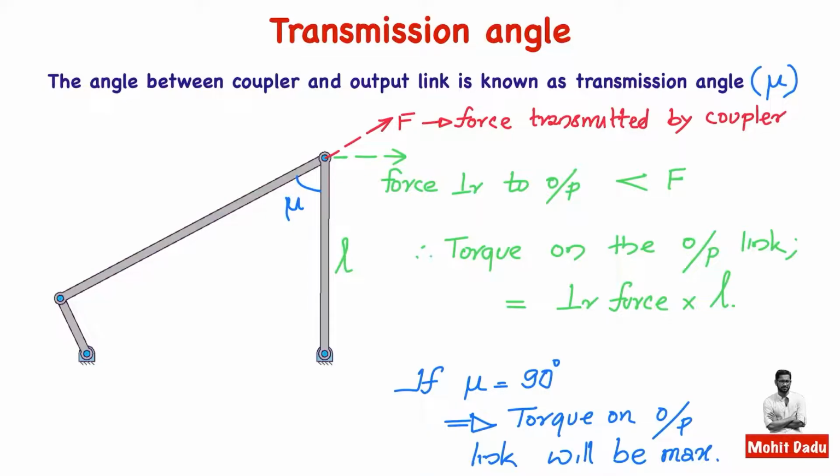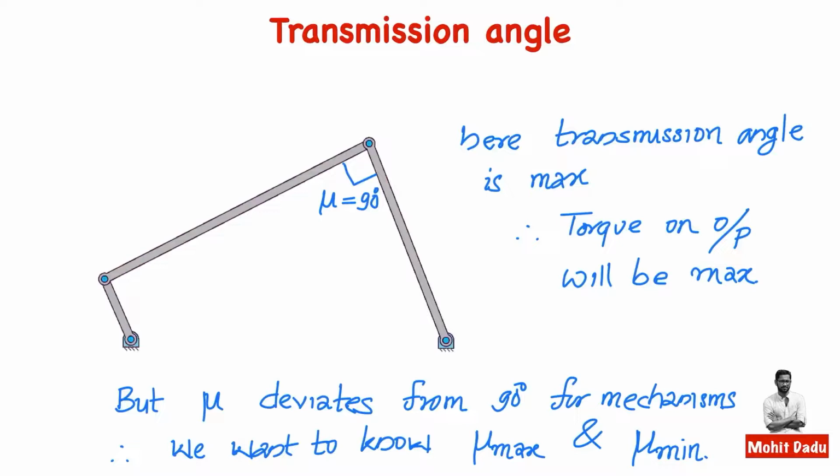So mu equal to 90 degrees is considered the reference state where the torque on the output link becomes maximum. You can see the same mechanism here. If the transmission angle mu is 90 degrees, and the force transmitted is in this direction, then the entire force transmitted by the coupler is perpendicular to the output link.